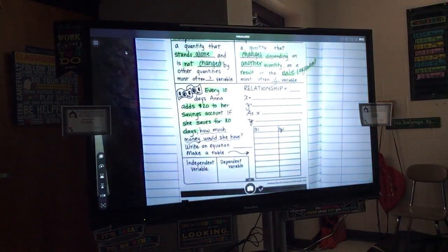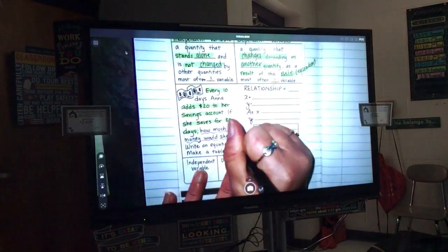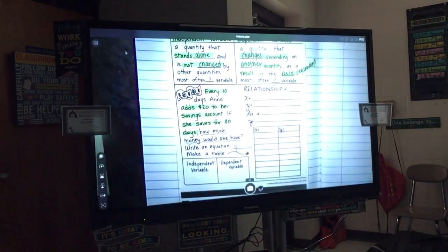All right, so what do you think our equation is going to be? I will let you know it's going to be y equals something. What do you think the other part is, based off of this information up here?